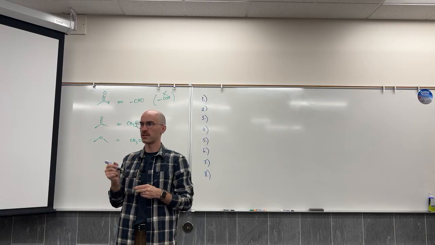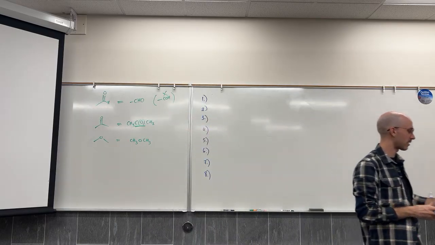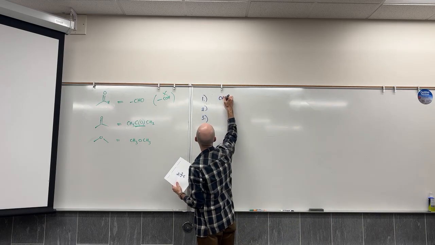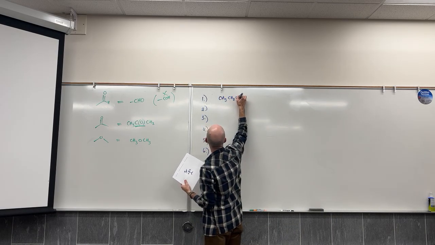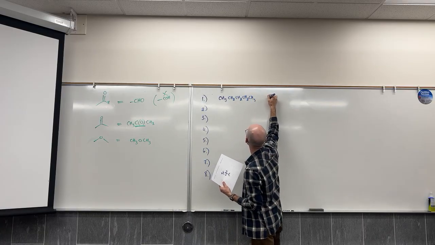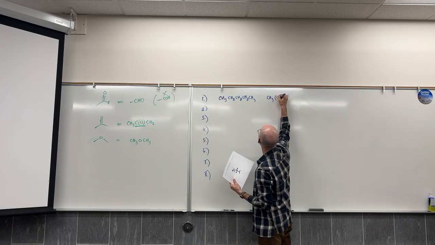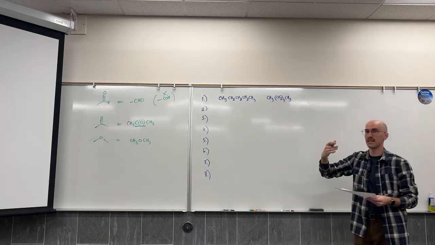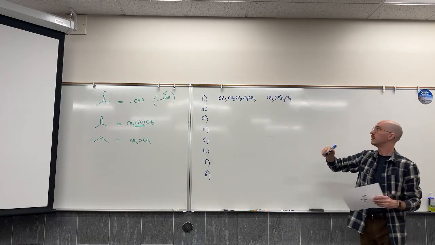So for our first structure, we're actually just looking at the molecule of hexane, and its condensed form can be written one of 2 ways. You can write out each of those CH2s, or you can group those CH2s as a set of 3 CH2s in sequence.